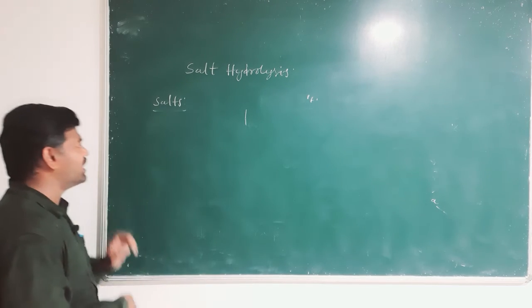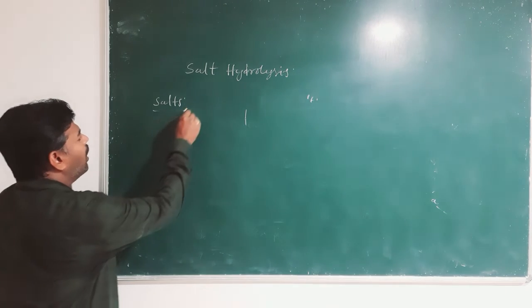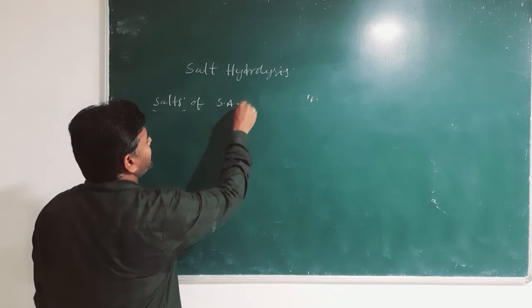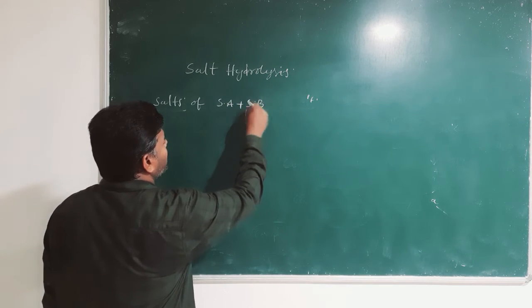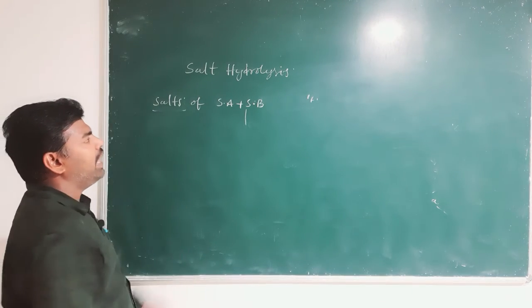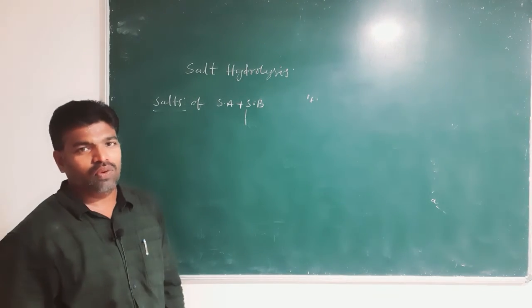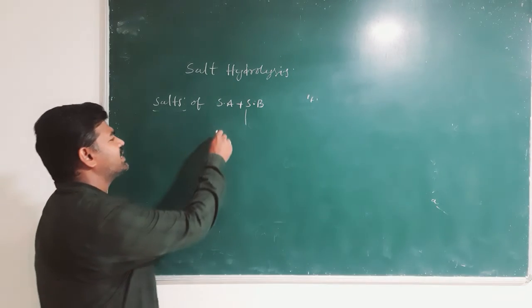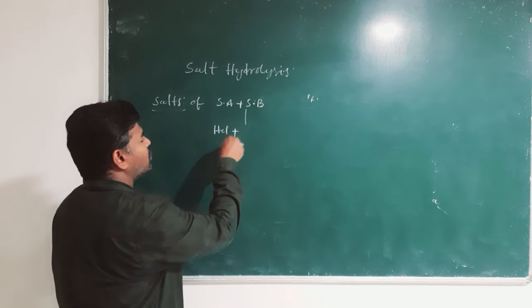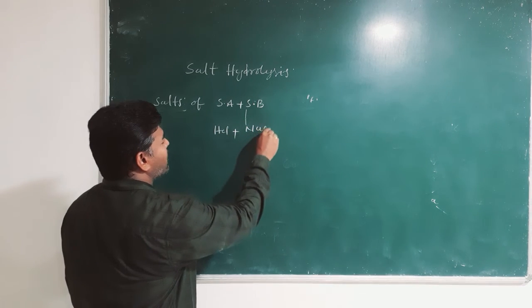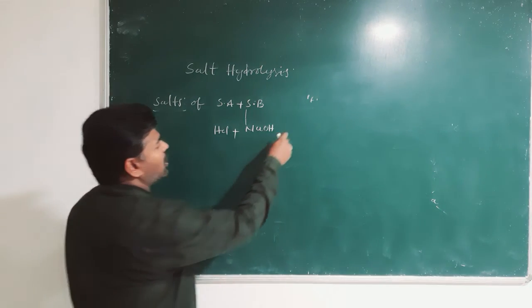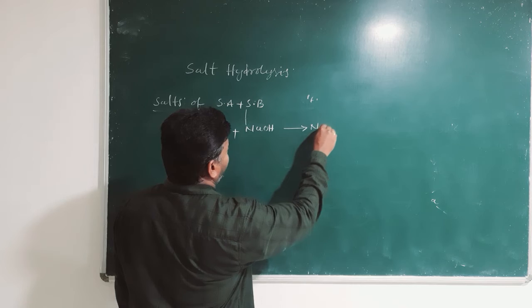The first type is salts of strong acid and strong base. Strong acid is HCl, strong base is NaOH, so the salt formed is sodium chloride.